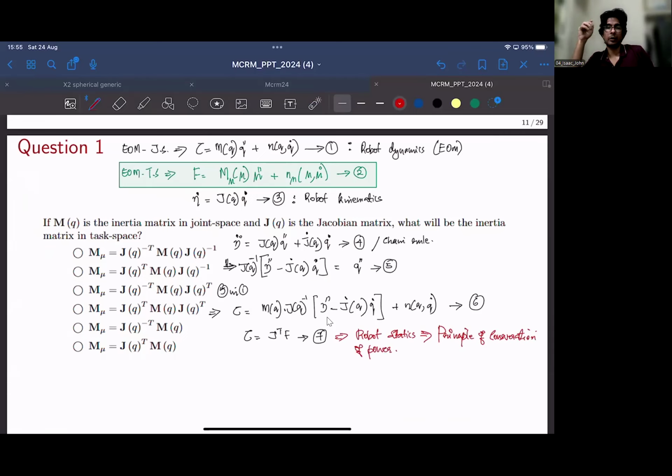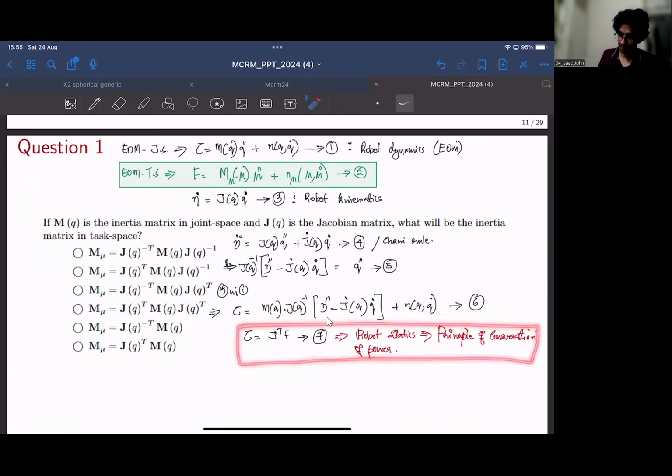If you have any doubts regarding this, you can refer to the week 4 lectures of Dr. Shantakumar, or you can also go back and visit my week 4 live tutorial session where I think we cover the derivation of this expression.